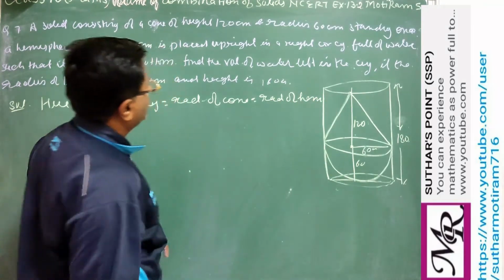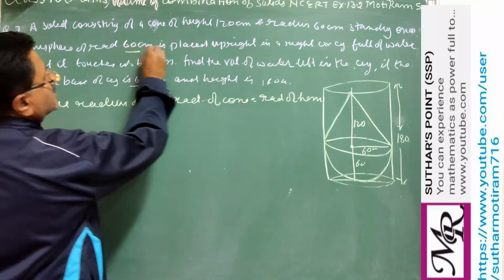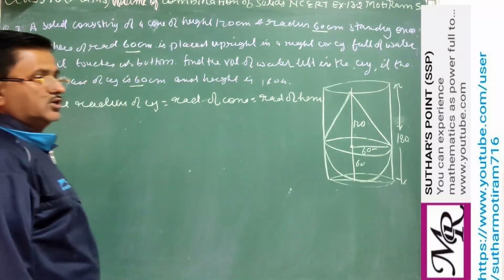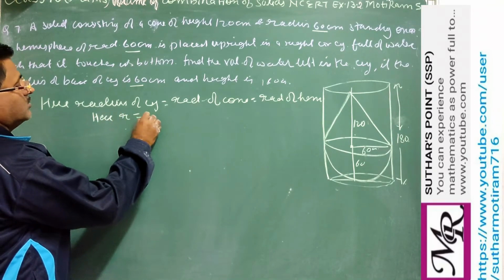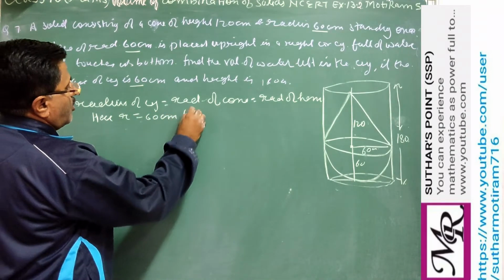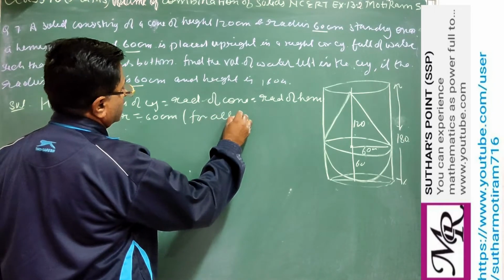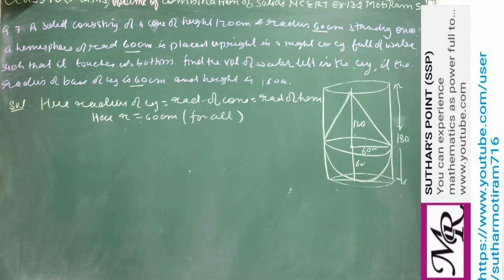All three have radius 60, they are given 60, 60 and 60. So you can say R equal to 60 centimeter for all figures.